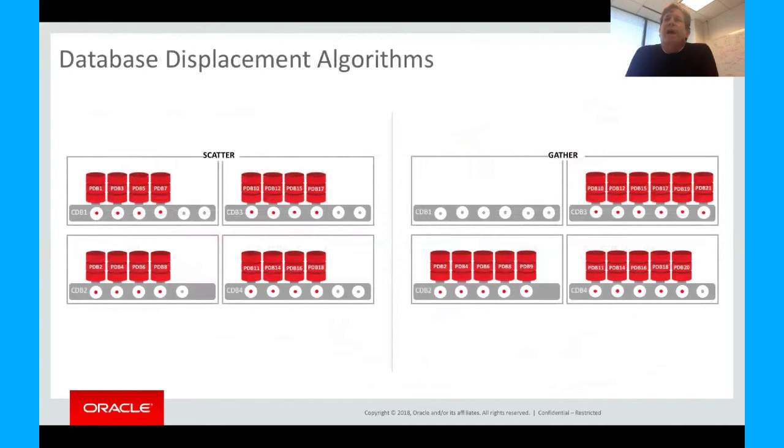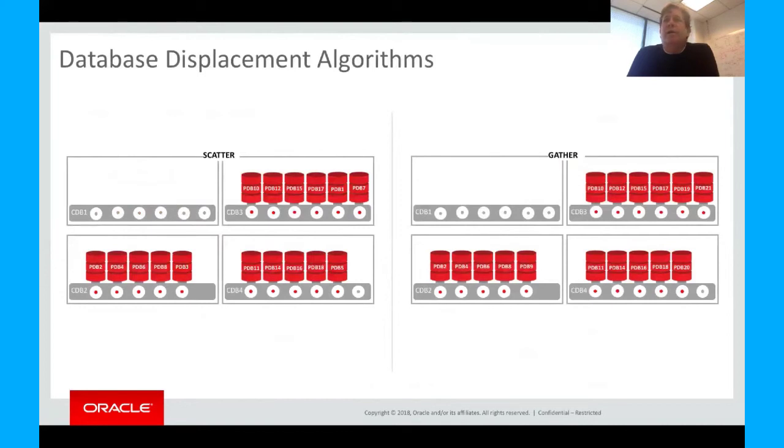In terms of how we're leveraging Relocate, I'd mentioned that we use Relocate for patching and upgrades, but also for workload balancing. And patching and upgrades may be at the database layer or it may be at the operating system layer. But basically, we have an algorithm that will determine what's the target container database that we want to evacuate.